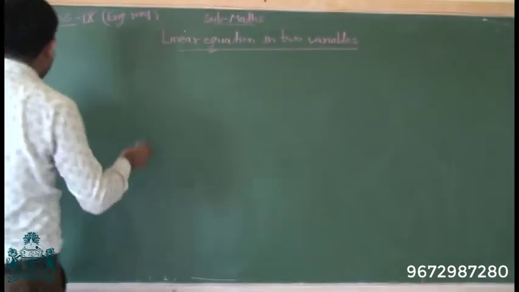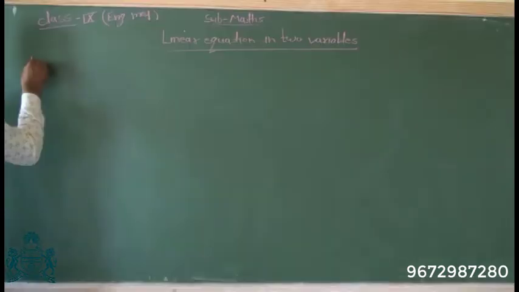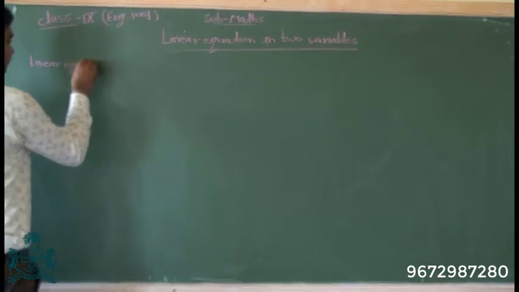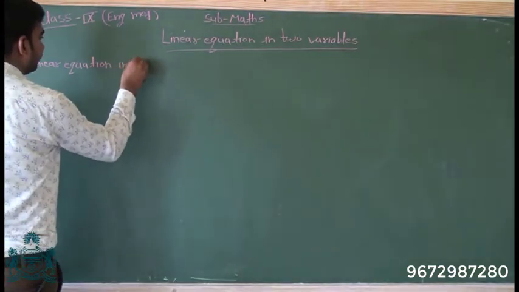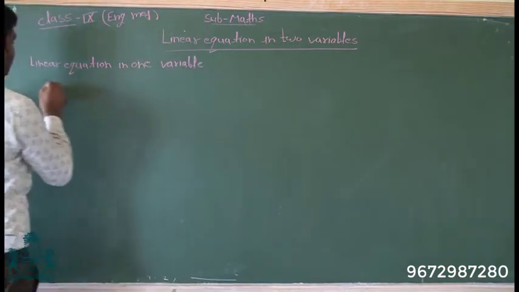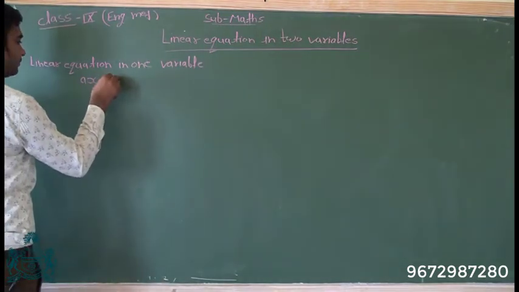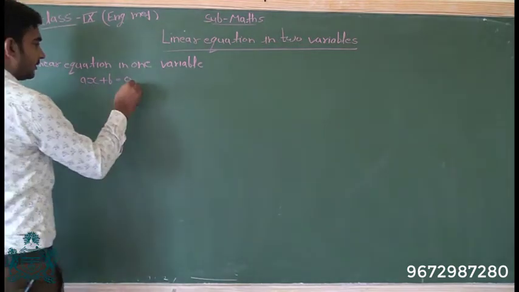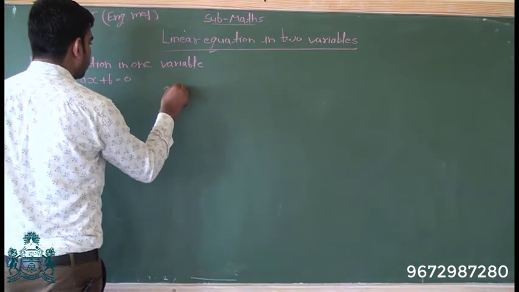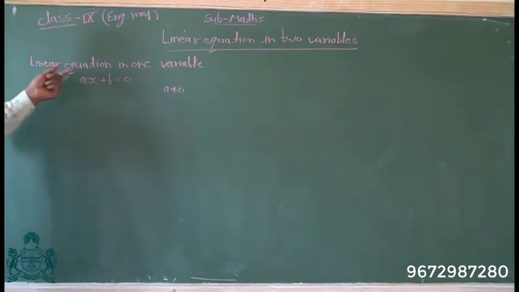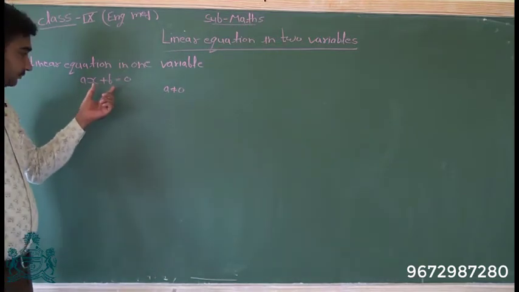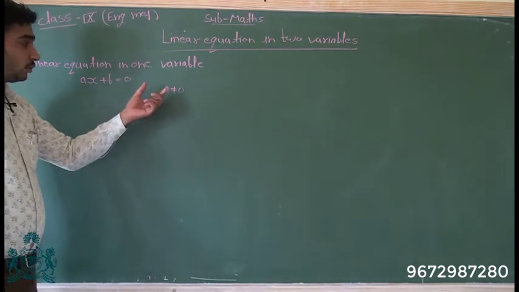The general form is ax plus b equal to 0, where a and b are real numbers and a not equal to 0.